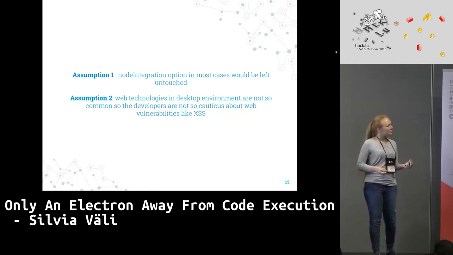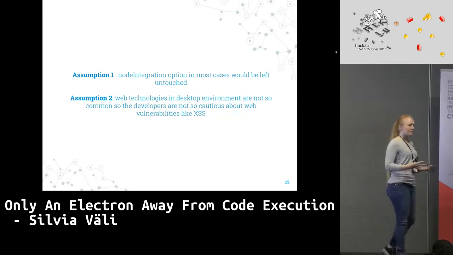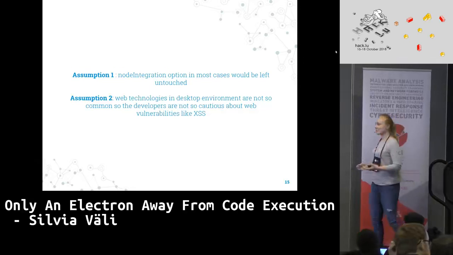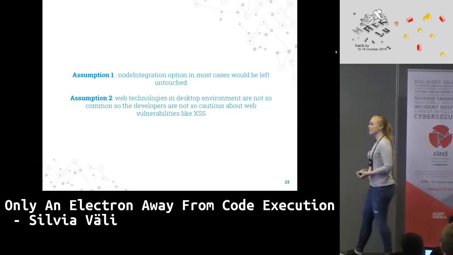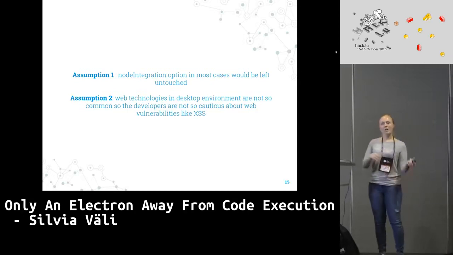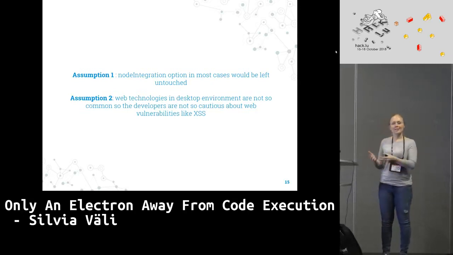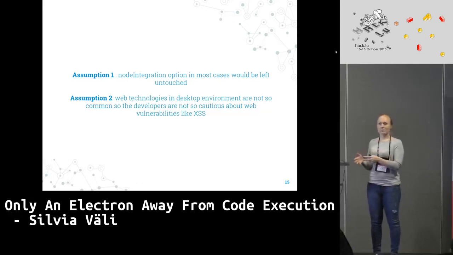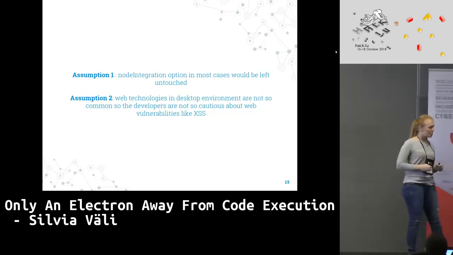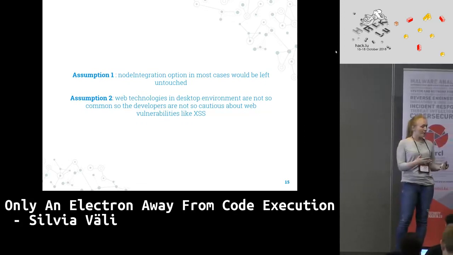The second assumption here was, well, me as a pen tester, or probably all of you here, cross-site scripting vulnerability is super common. So what if you have these adventurous web developers who now come over to building all these glorious desktop applications? They did the mistakes in their web applications. They were maybe aware of them.